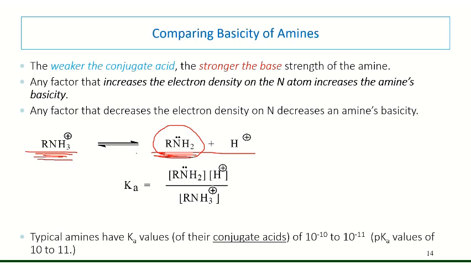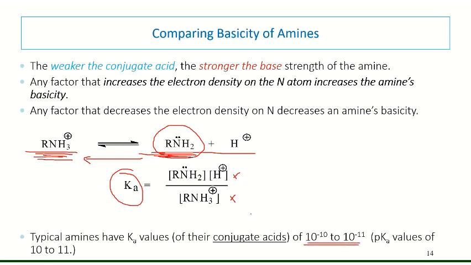Because the stronger the base, the more this reaction will stay to the left, in its conjugate acid form, and therefore there will be a copious amount of the conjugate acid and very few protons, and so the Ka will be very small.